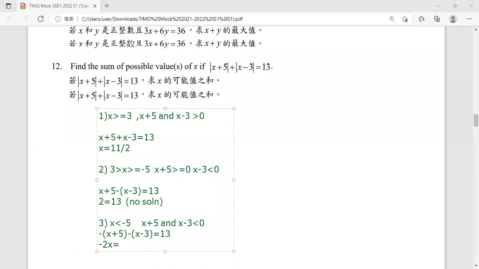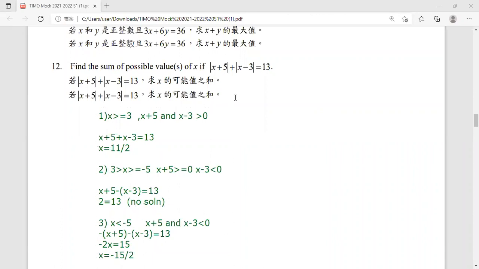Maybe I do it a bit slower. Then 15. Okay, x equal to negative 15/2.